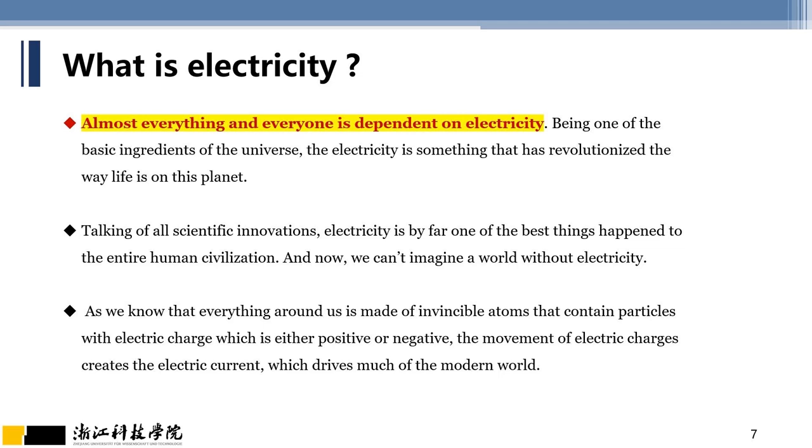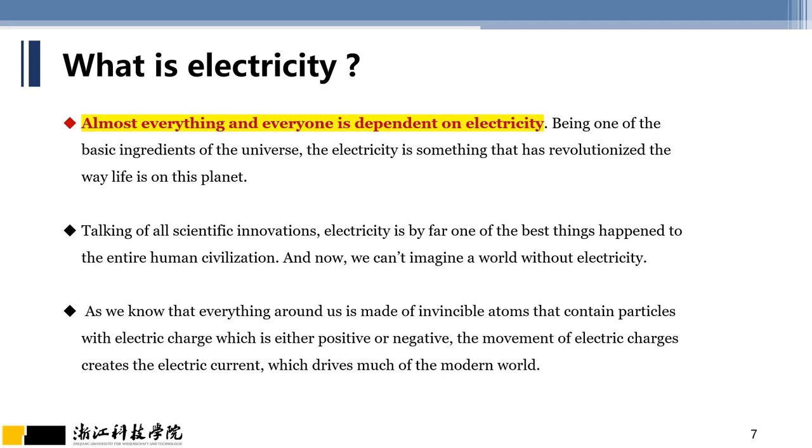Being one of the basic ingredients of the universe, electricity is something that has revolutionized the way life is on this planet. Talking of all scientific innovations, electricity is by far one of the best things to have happened to the entire human civilization, and now we can't imagine a world without electricity.